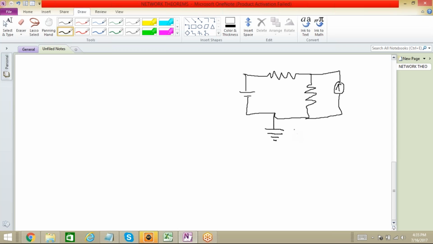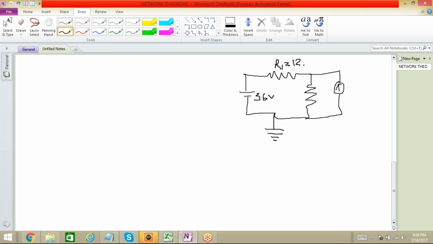Now this voltage source is, let's say, 36 volt. This R1, let's make it around 12 ohm.